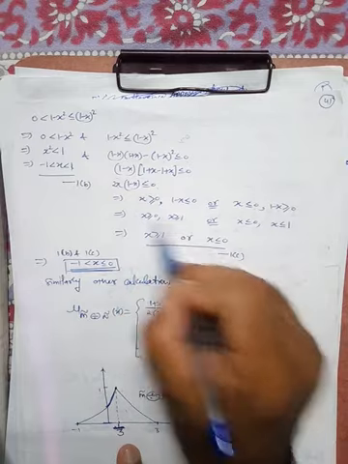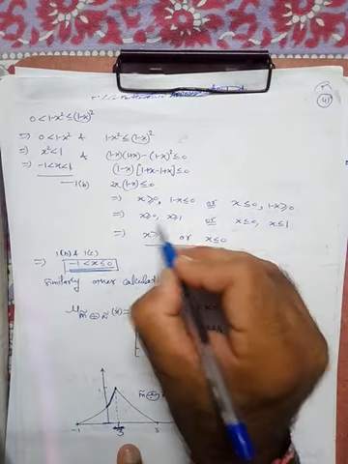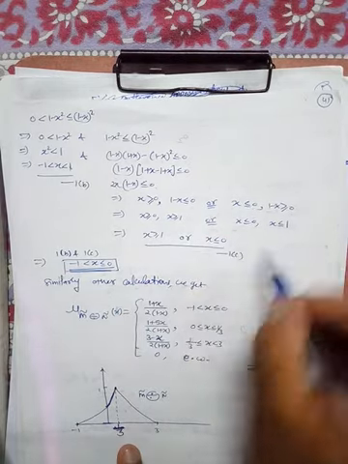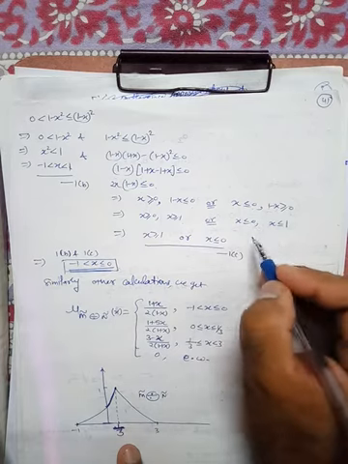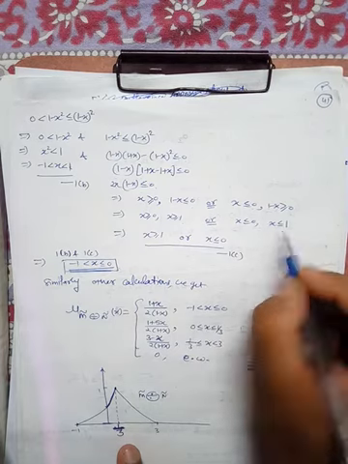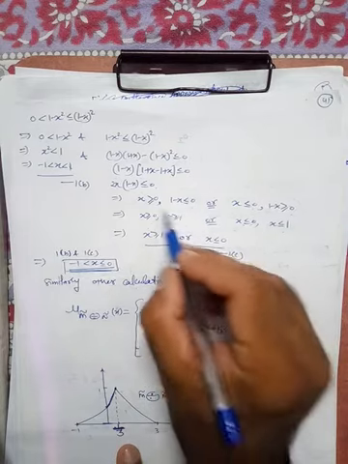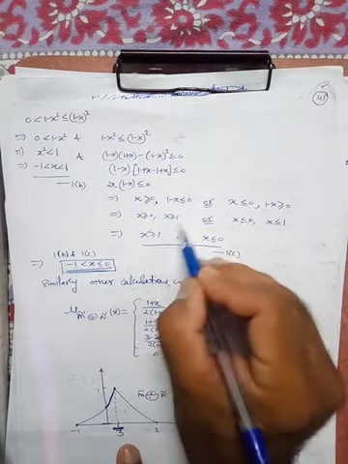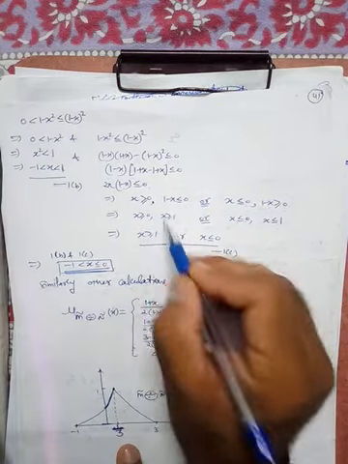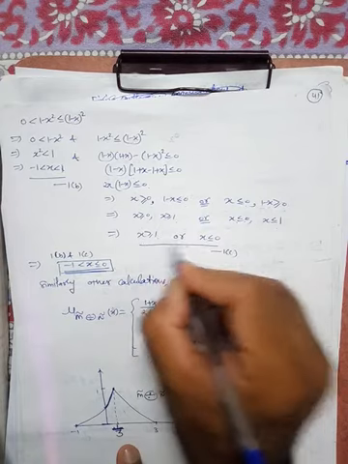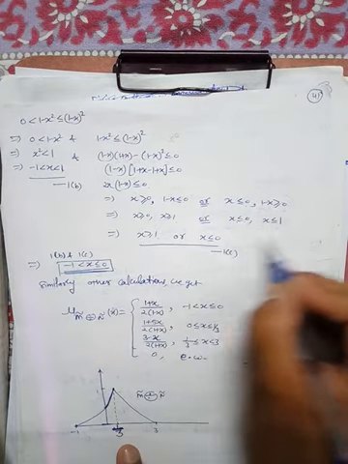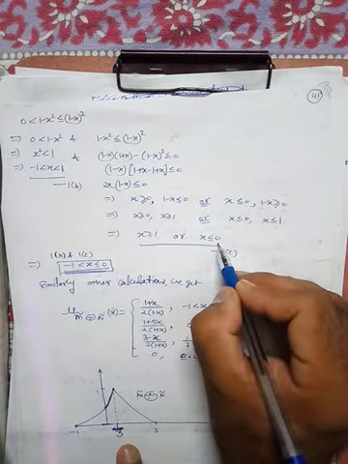So from here we can take x is greater than or equal to 0 and x is greater than or equal to 1, or from here x is less than or equal to 0 and x is less than or equal to 1. Now we will take the intersection of these two, so obviously the intersection will be x greater than or equal to 1, or now take the intersection of these two statements, x is less than or equal to 0.